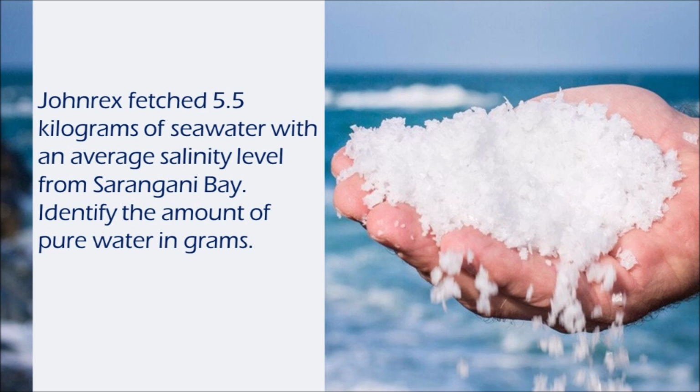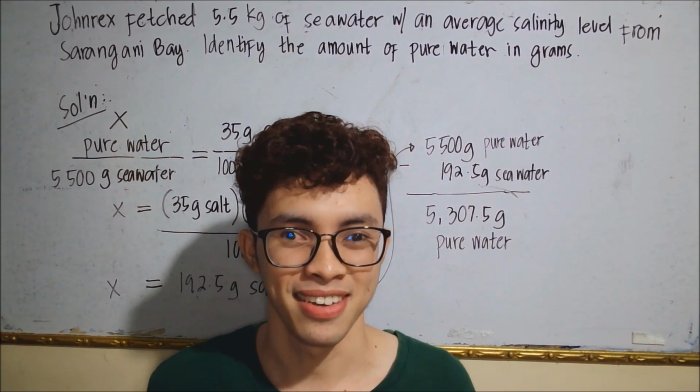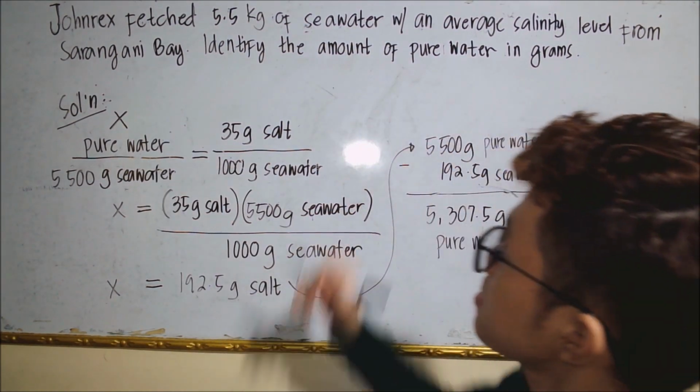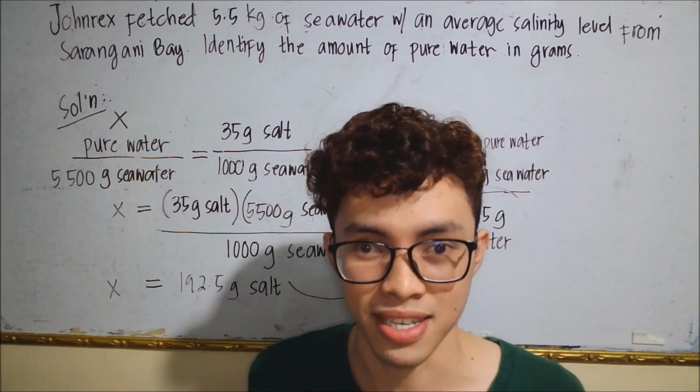John Rex fetched 5.5 kilograms of seawater with an average salinity level from Sarangani Bay. Identify the amount of pure water in grams. Okay, we have another problem here. John Rex fetched 5.5 kilograms of seawater with an average salinity level from Sarangani Bay.